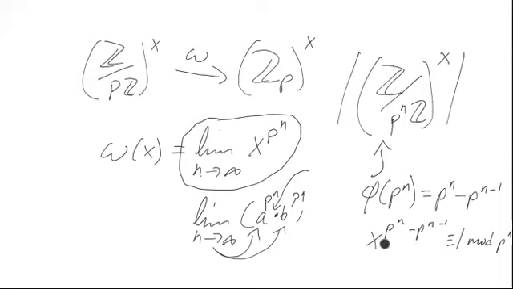So that's actually the same thing as saying, by multiplying both sides of that congruence by x to the p^(n-1), that x to the p^n is congruent to x to the p^(n-1) mod p^n. What does that mean? That means that the difference of this and this is 0 mod p^n.